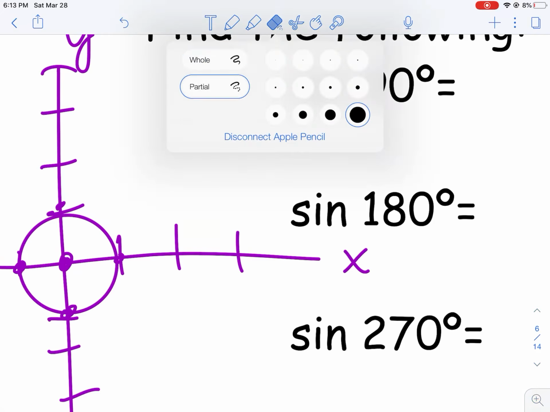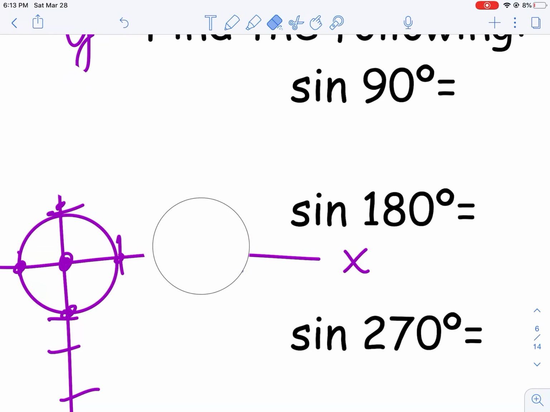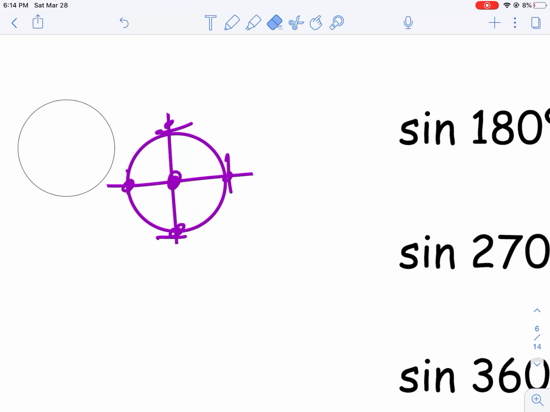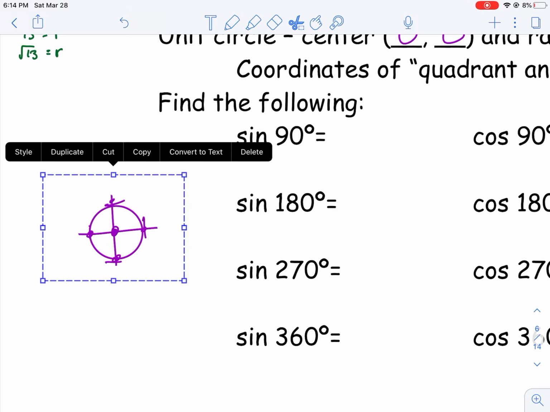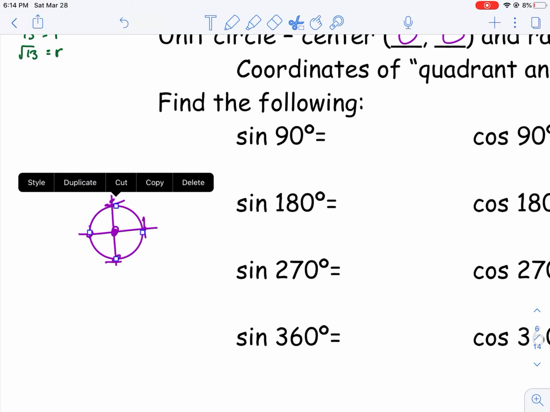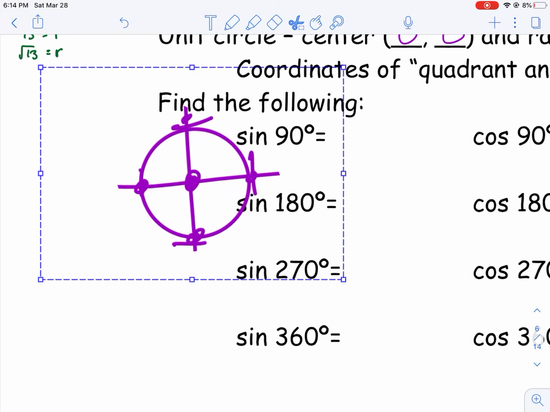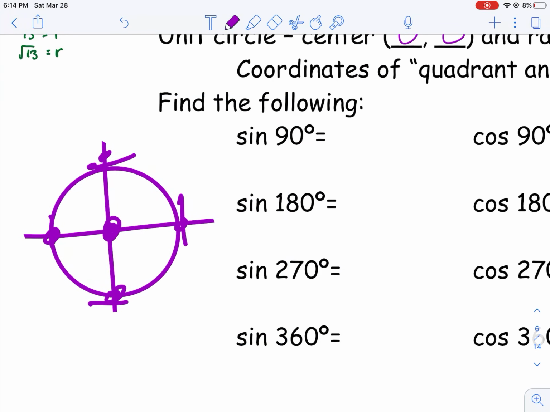Now, most of the time, we aren't interested in the rest of what's going on here. We're not interested in this, and so I'm going to delete that. And I'm going to zoom in on this, because we're really interested in the unit circle.